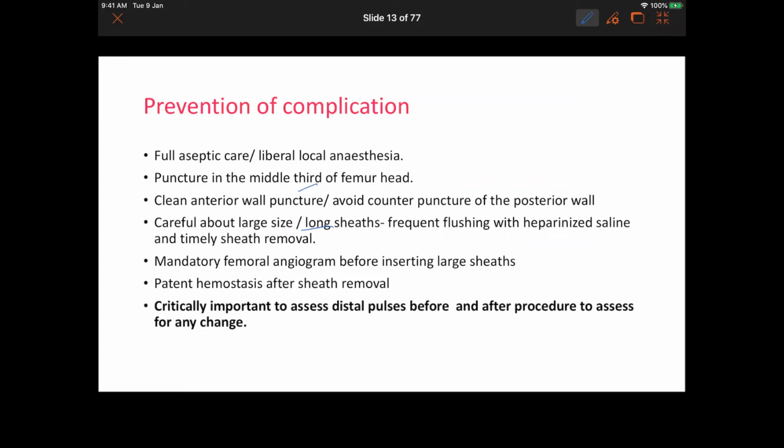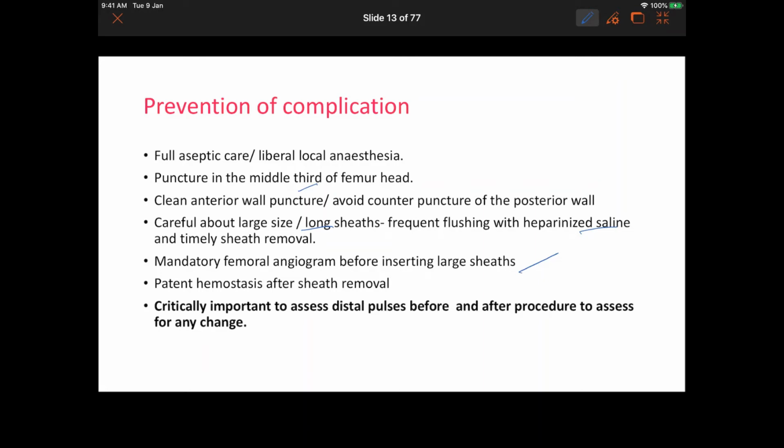So when you have finished the procedure with a long sheath and you are not going to close the puncture immediately, you exchange it with a smaller, shorter sheath of the same French size. And when you have left the sheath inside, don't forget to keep it flushing. And definitely, as I said, a mandatory angiogram when you're inserting large sheaths.